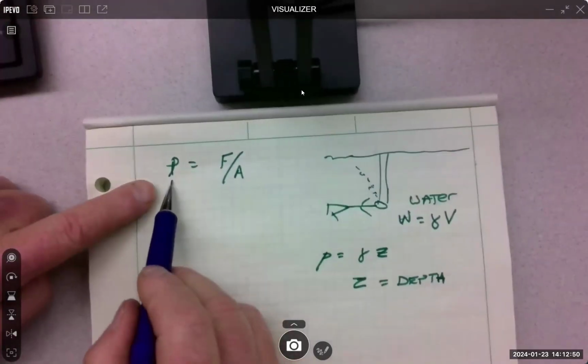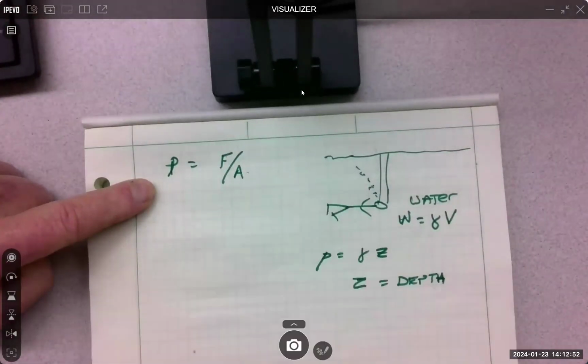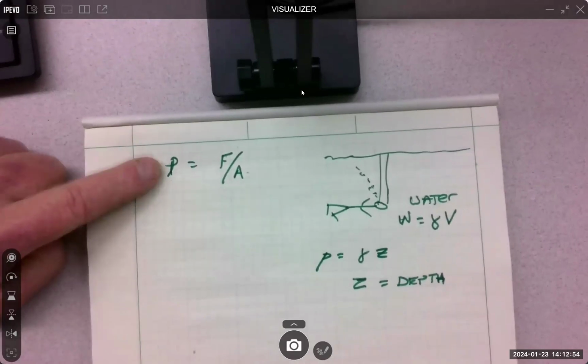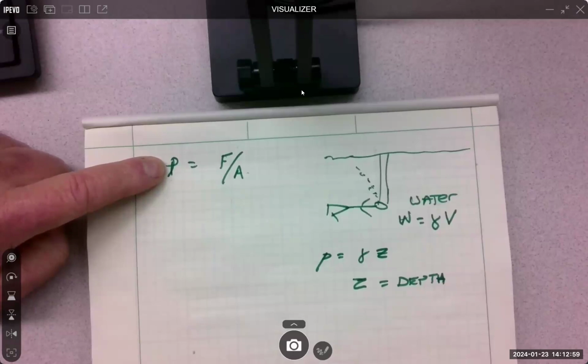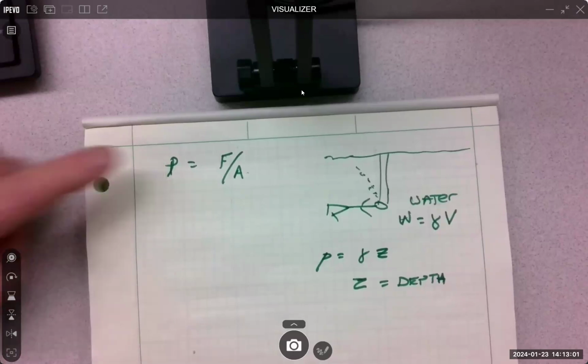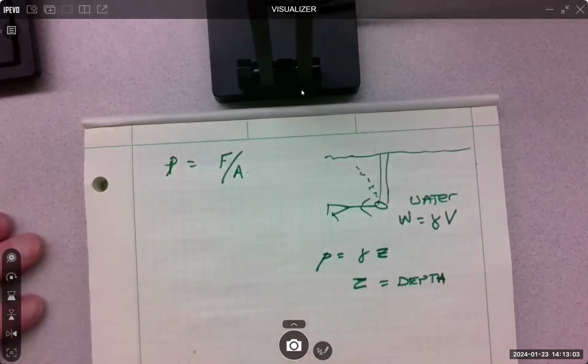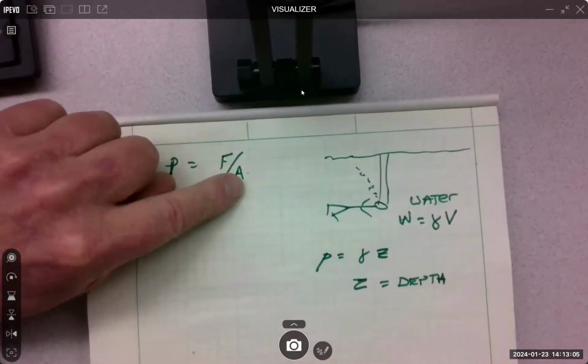All right. So let's just go through it a little bit. Pressure in this book is defined as a small p, and we know it's force per unit area. So any kind of pressure, whether that's underwater pressure or pressure in a tank or pressure from a structure on the ground, right? It's force per area.